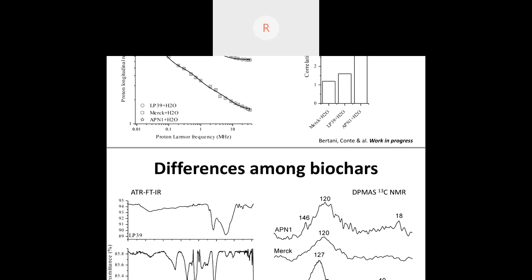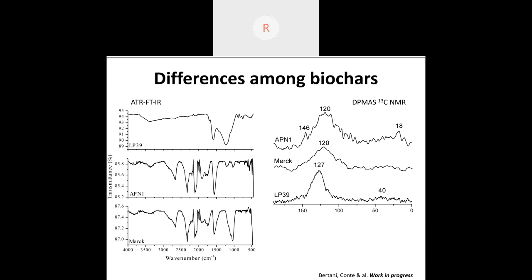So the question now is, what is the difference among these biochars? Why do they behave so differently when we use the fluorinated compounds and water? Well, we did different experiments, as you see from this slide, and the DP mass C13 NMR did not show many differences.